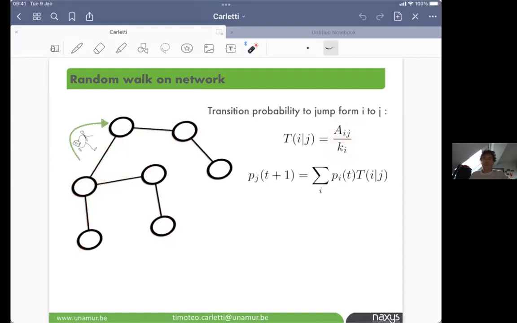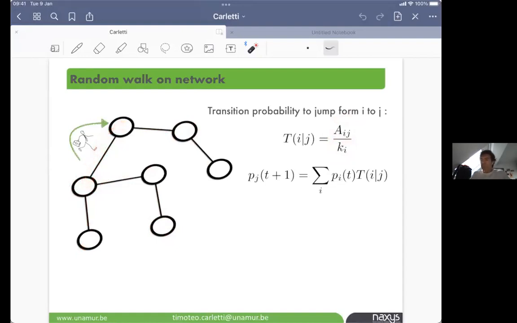So this is the simplest example that you can have. You sit on a node, you look around to see how many neighbors you have, you throw a dice with as many faces as neighbors, and you jump to that node. Okay, and then you iterate. Each time you iterate, you can go back and forth and so on.